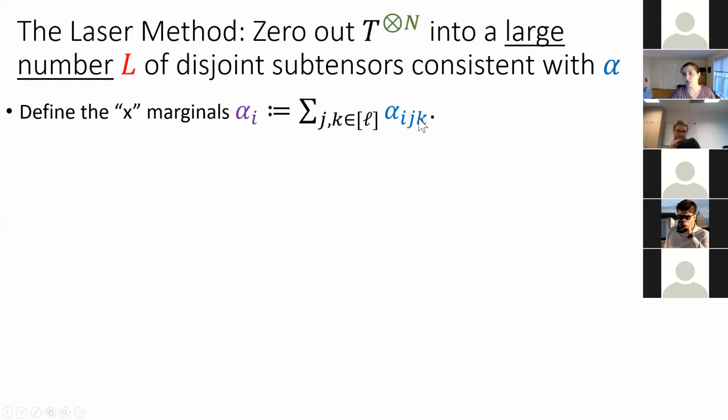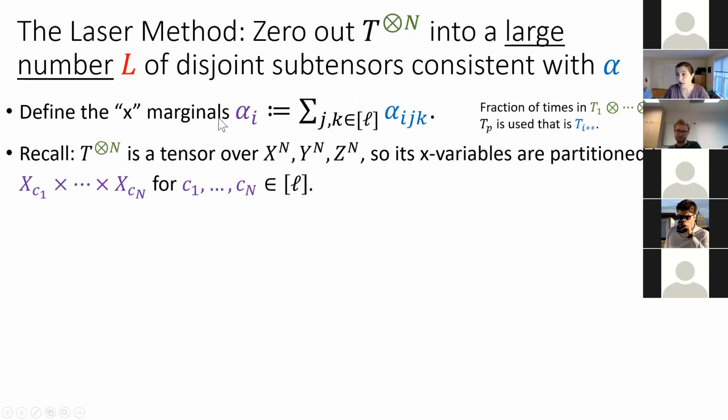So you just sum up over all possible choices of j and k, and you get the marginal over i. So this is just the fraction of times in this product that one of these parts corresponded to something that had an i in the first part. You don't care what the other two are. Okay, so this is alpha sub i.